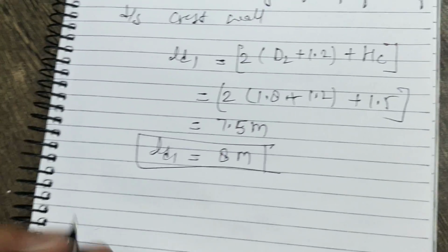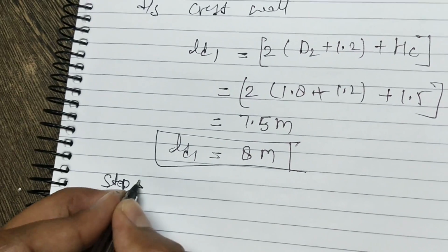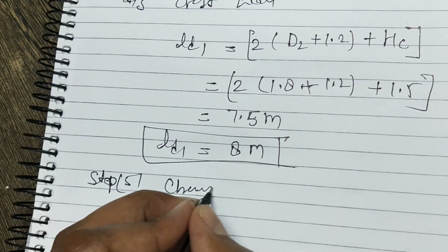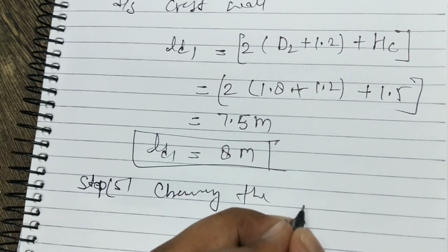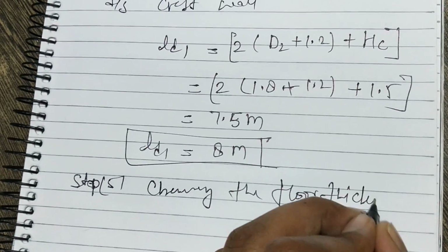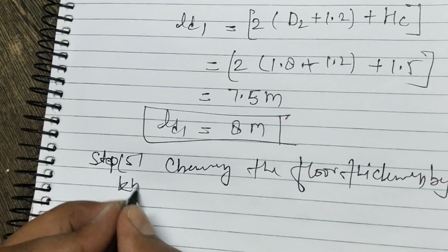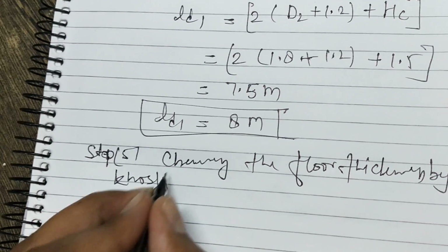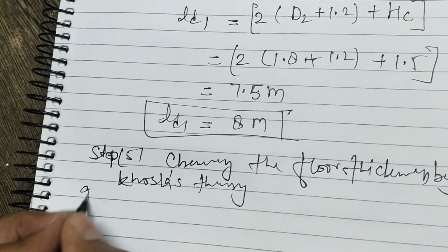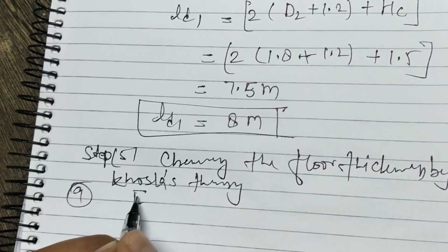Okay, so now step number 5 is checking the floor thickness by Khosla theory. In this step, part A of step number 5 is the exit gradient.